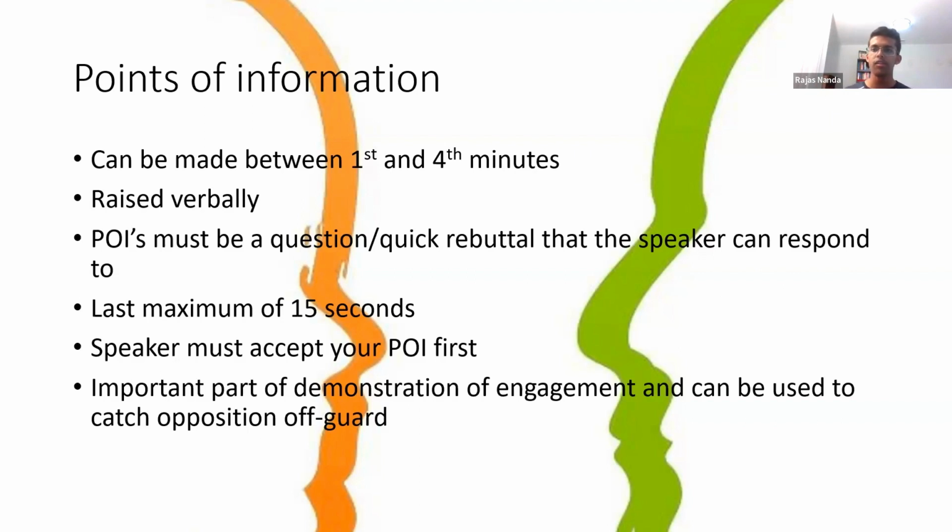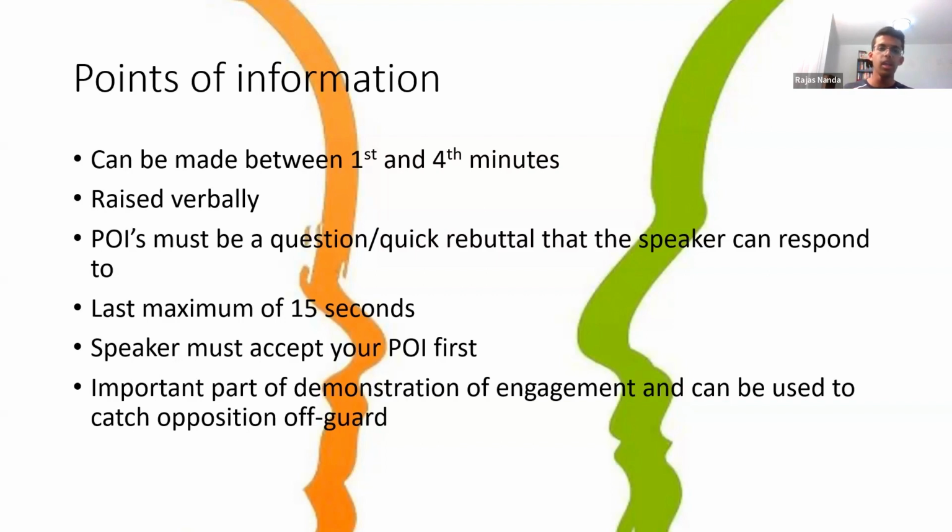And just the last thing to answer your question, after your speech is over, you can't ask more POIs. It's not like, oh, my speech is over, but I'd like to answer that question anyway. It's a very real part of the debate, and so it can only happen within that time period.